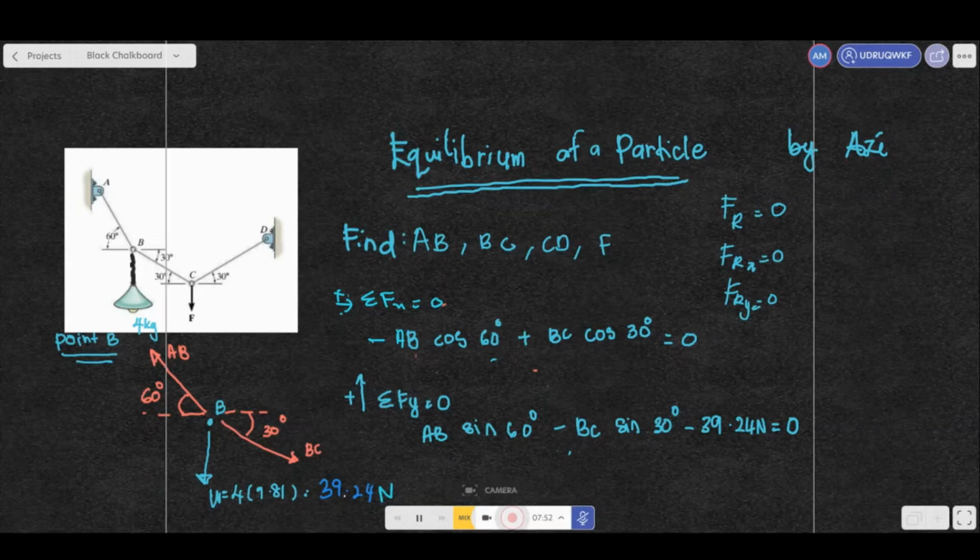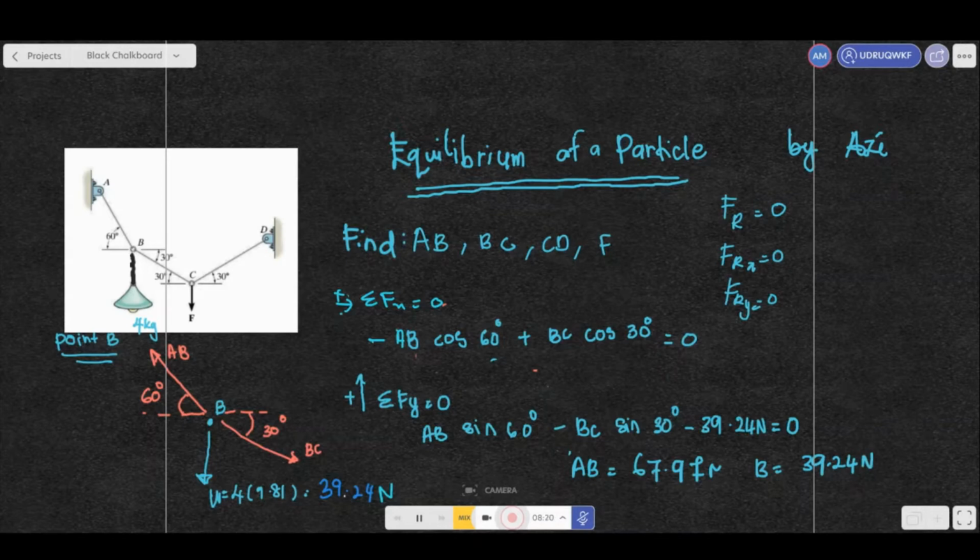When you have calculated the values, you will get that AB is equal to 67.97 Newton, while BC is equal to 39.24 Newton.